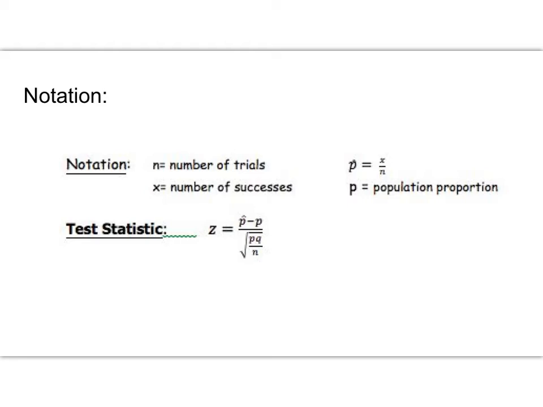And we're going to find the z-score, or our test statistic. We're calling it our test statistic because we're testing it against another z-score, our critical value. Our test statistic we're going to call z0, and that will be p hat minus p over our standard error.